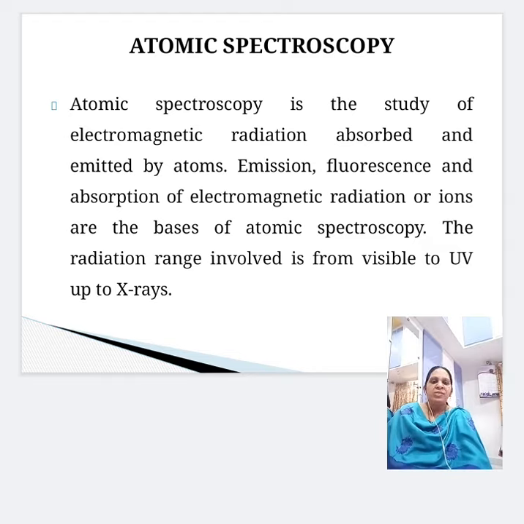Emission, fluorescence and absorption of electromagnetic radiation or ions are the basis of atomic spectroscopy. The radiation range involved is from visible to UV up to X-rays.